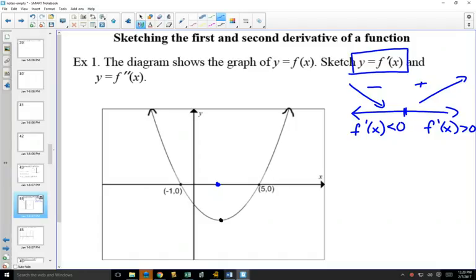What we're doing now is sort of working backwards. We already see the graph of our original function. We can see that it's decreasing until it gets to this minimum and then increasing afterwards. But now we have to say, how does that apply to our graph? It means that before this point, f prime of x has to be negative. And after that point, f prime of x has to be positive.